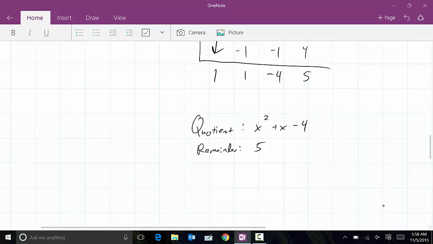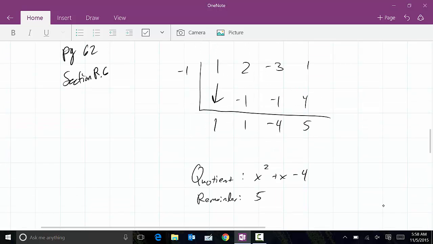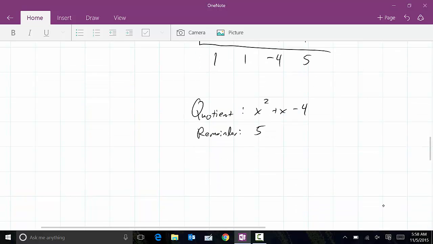So there we go. Look at these coefficients: we have 1, 1, and -4, and the remainder is 5. So remember that that's where that comes from.